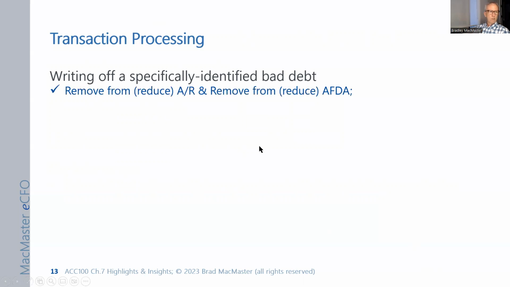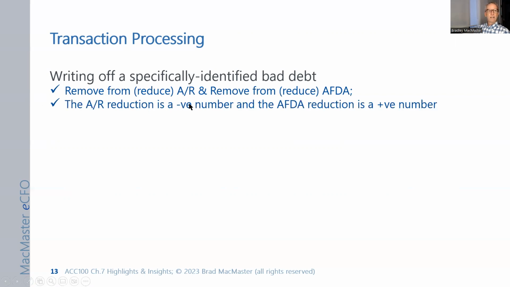So when that happens, we're going to write off the account receivable, which means remove it, write it off the list, and at the same time, remove it from the allowance for doubtful accounts. So when we remove it from the accounts receivable, that's going to be a reduction or a negative number. And the removal from the allowance for doubtful accounts is also a reduction, but it's going to be entered as a positive number.